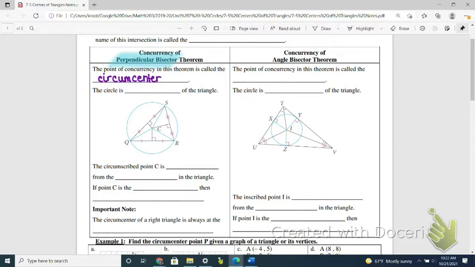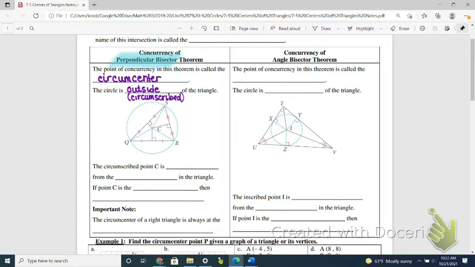lines meet. In this case, the circle is outside, and we've talked about this before. That means it is circumscribed. So the circle is outside of the triangle.